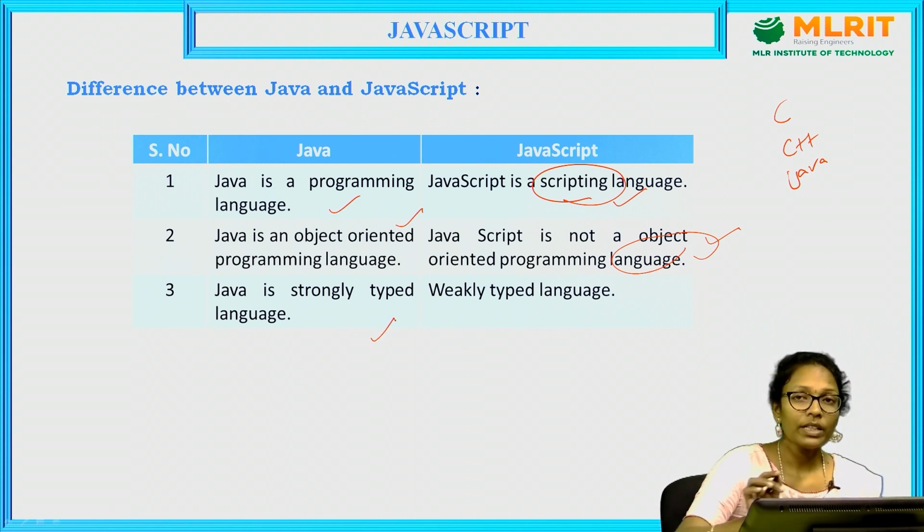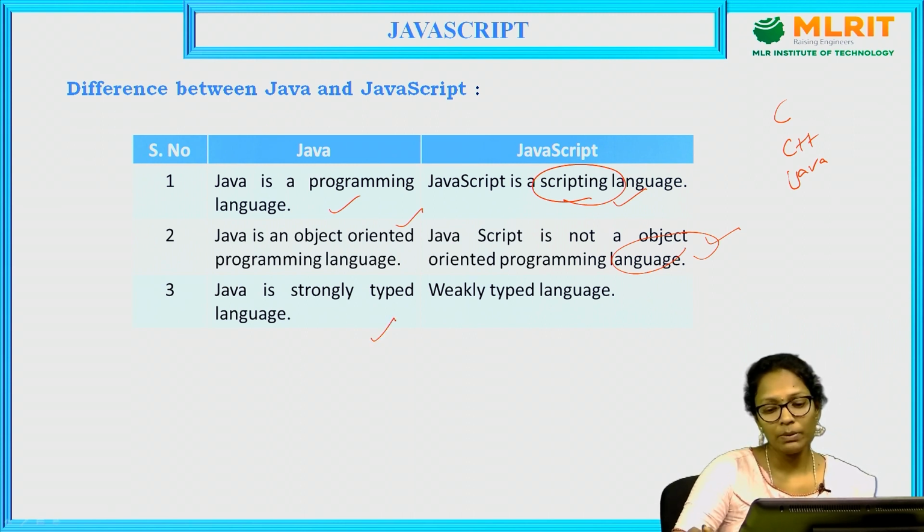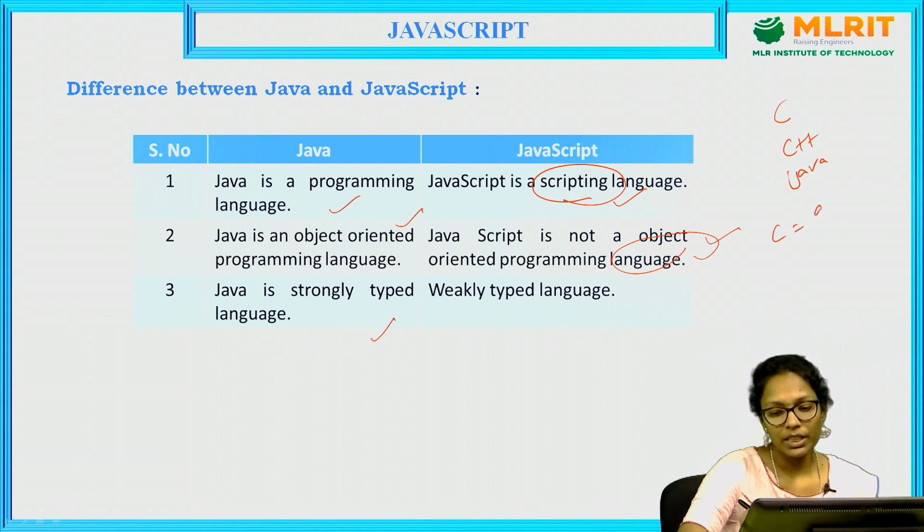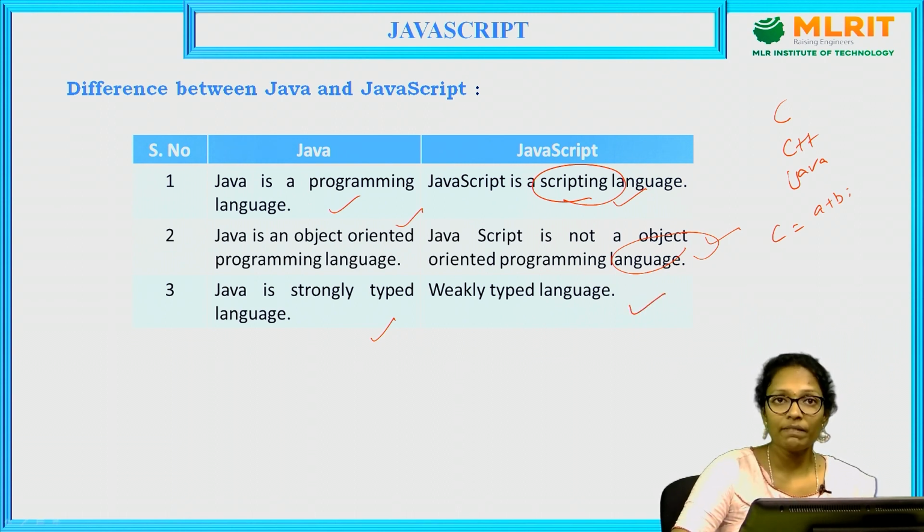Java is a strongly typed language. That means if I am using variables in my Java program, before using them, I should declare and initialize them. But JavaScript is weakly typed. That means you can directly use your variables without declaration. If I directly write the statement in Java, I'll get an error.